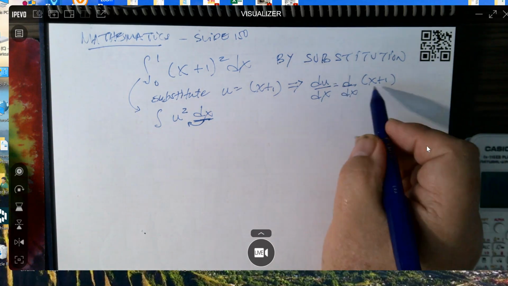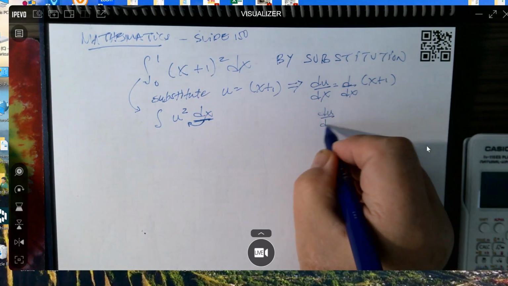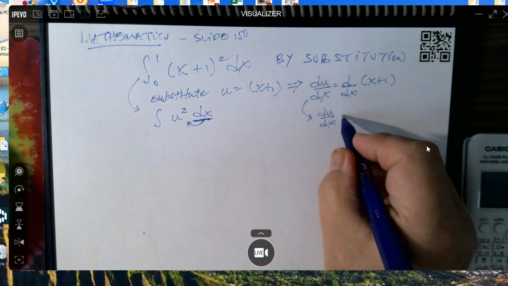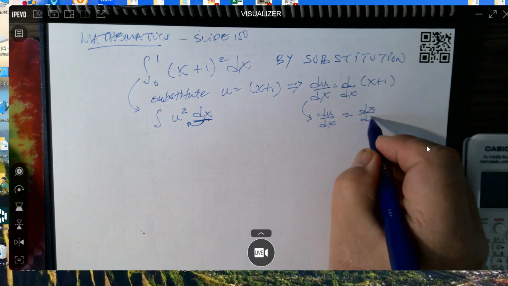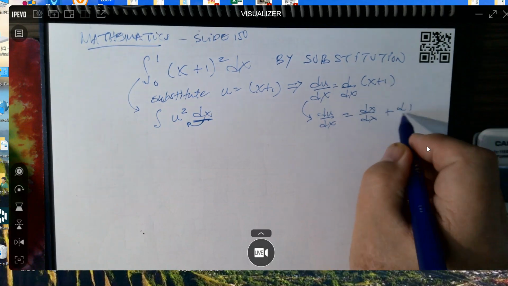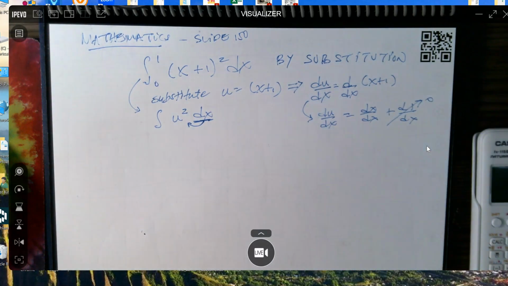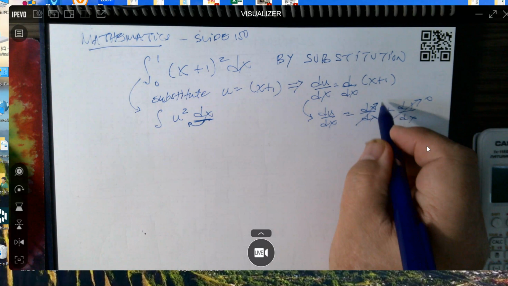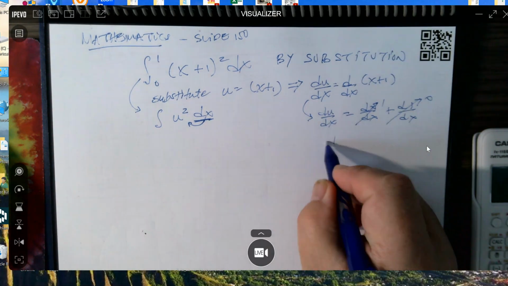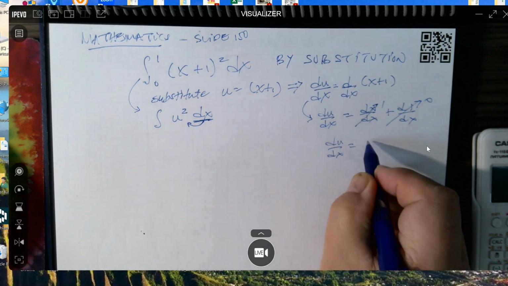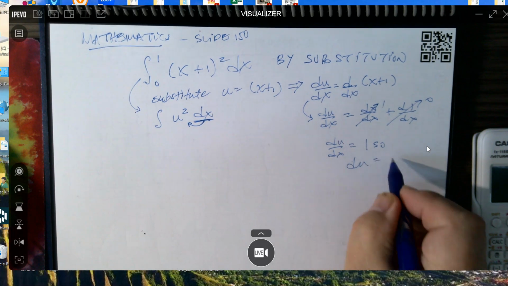The derivative of x plus 1 is going to be dx plus d1 dx. This is a constant, the derivative of a constant goes to 0, and the derivative of x goes to 1. So du dx is equal to 1, so du is equal to dx.